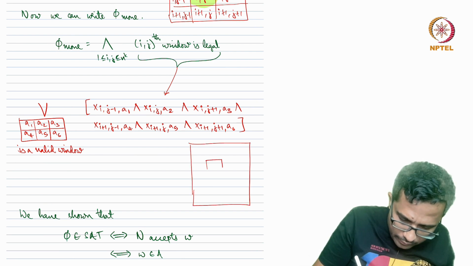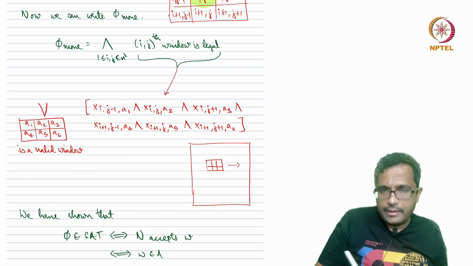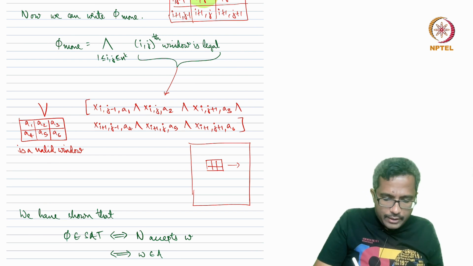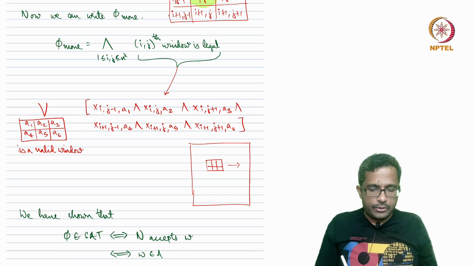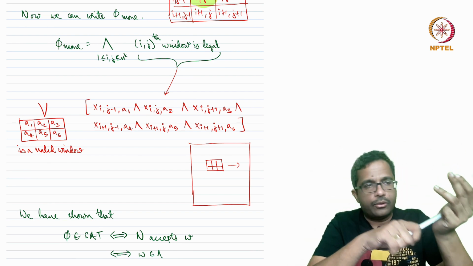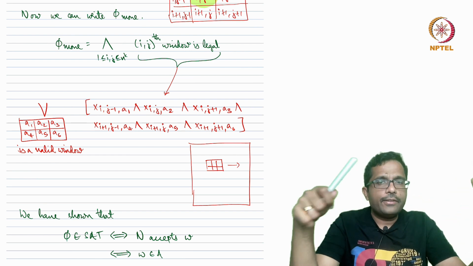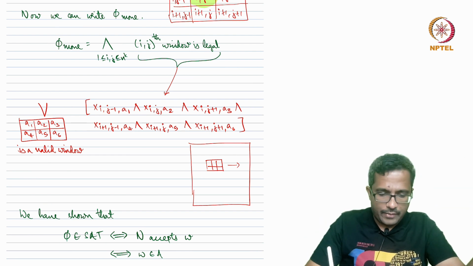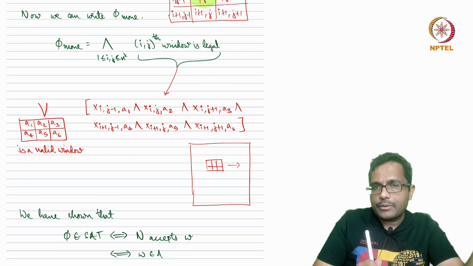We have the 2x3 window that is moving across the table, and once we fix a 2x3 window, we check against the list of valid windows given, valid window 1 to 1000. Is this the first valid window? No. Is it the second valid window? No. Is it the third, and so on. And at some point, if it is a valid window, that part will say yes, and that will make this clause yes, right?